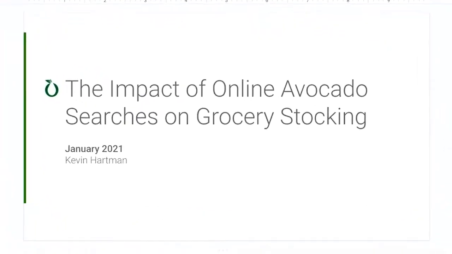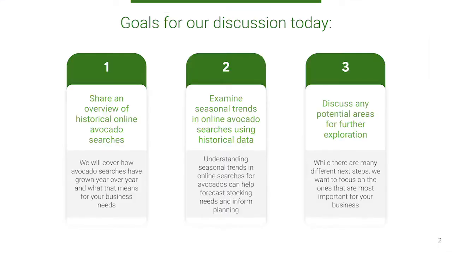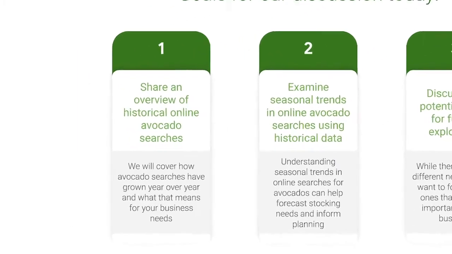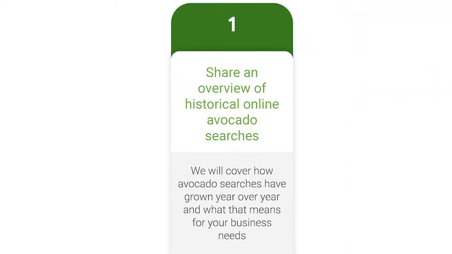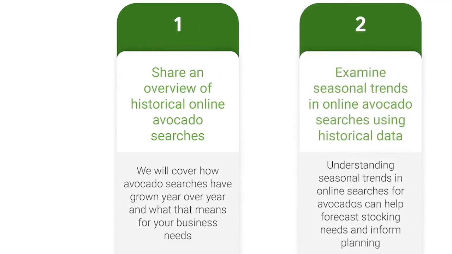We can begin our presentation by framing it with the business task. Here, in this second slide, I've added goals for the discussion. It starts with share an overview of historical online avocado searches. Under that, a more detailed explanation. We'll cover how avocado searches have grown year over year and what that means for your business.